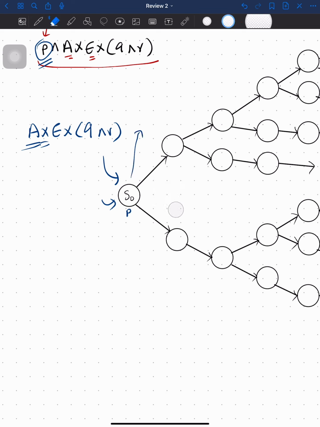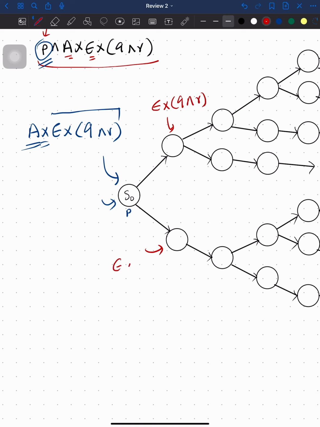If this was E instead of A, then one of them would have been enough, right? If this was EX. But this is AX. So all of those next ones will be this. So this state as well as this state, just because those are the next ones, will have this expression, exists next Q and R.